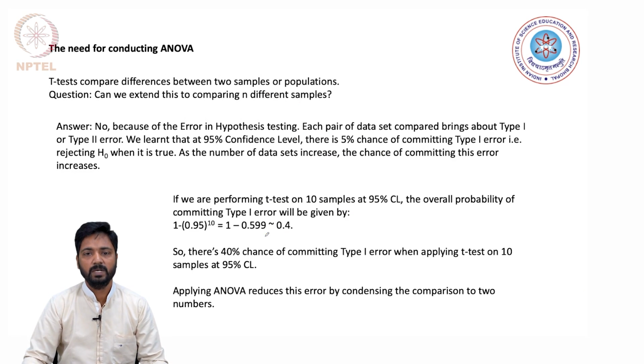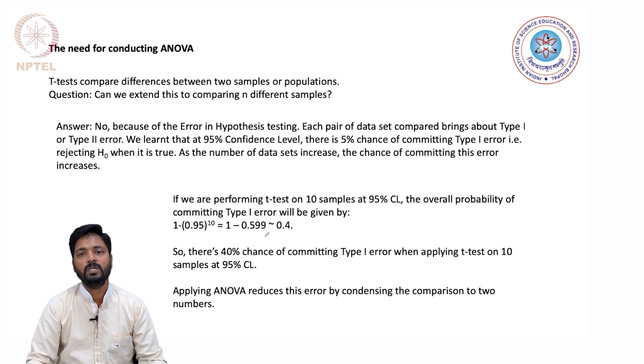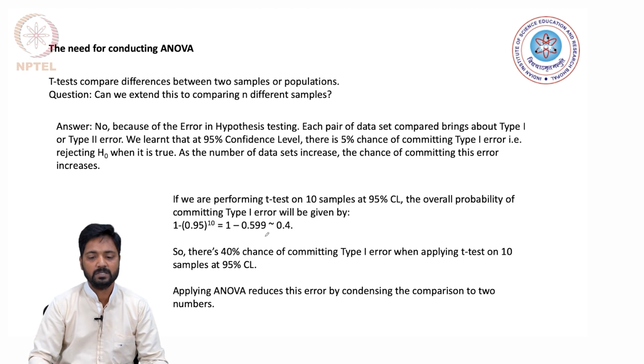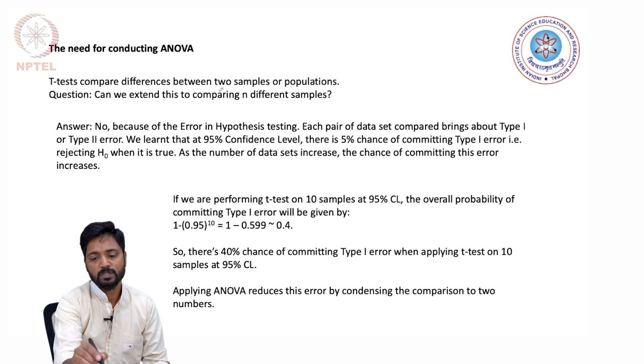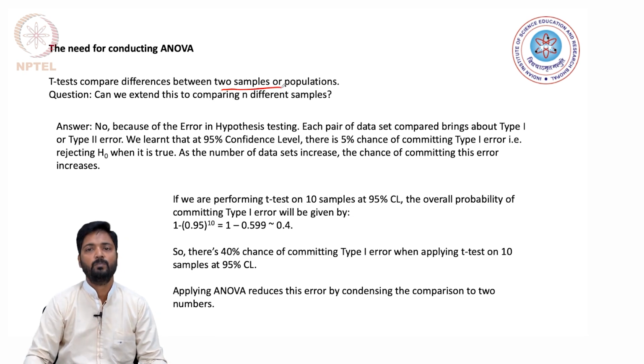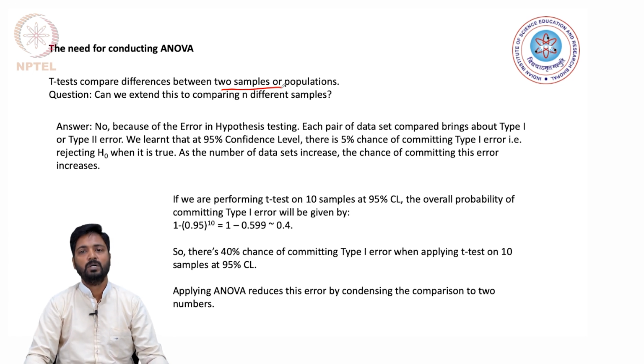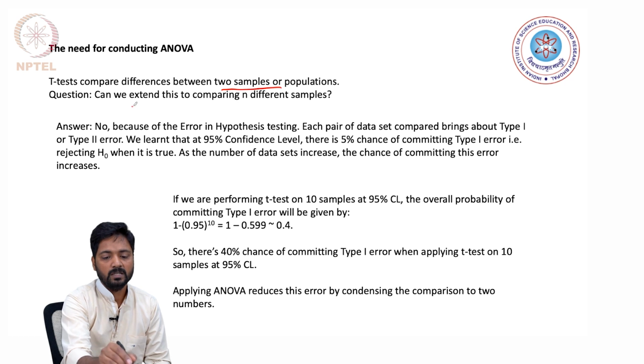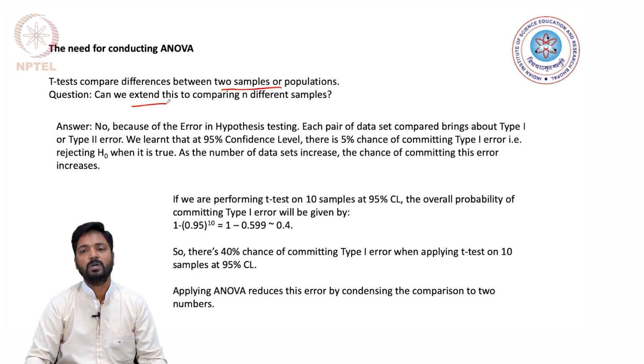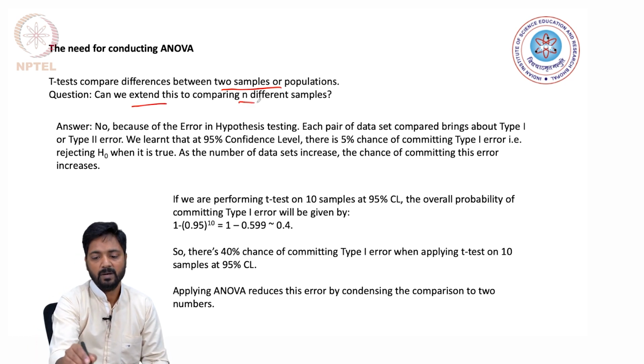So let me begin with the discussion on the need for conducting analysis of variance. So far, in the last week we saw that we can apply t-tests to compare differences between two samples or populations. So the obvious question is, can we extend the t-test to compare n different samples?